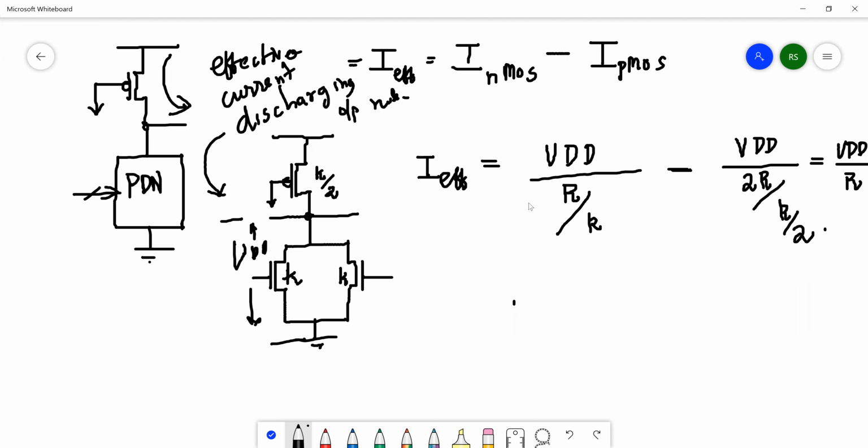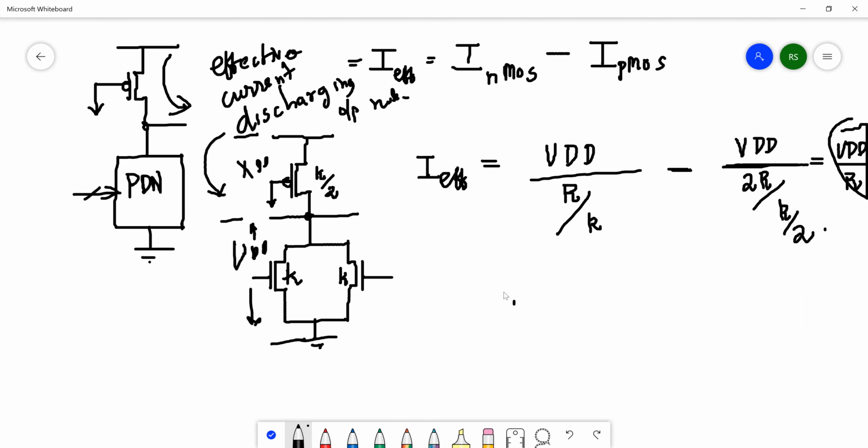And for the PMOS transistor, again we assume the voltage across the transistor is VDD, divided by the resistance of the PMOS transistor, that is 2R unit resistance divided by the W by L. And this should be equal to VDD by R, because this is the effective current in a static CMOS circuit. The first equation, the first sizing rule, ensures that VOL goes as low to ground as possible and that the speed of the gate is also good. Both are required for proper operation.